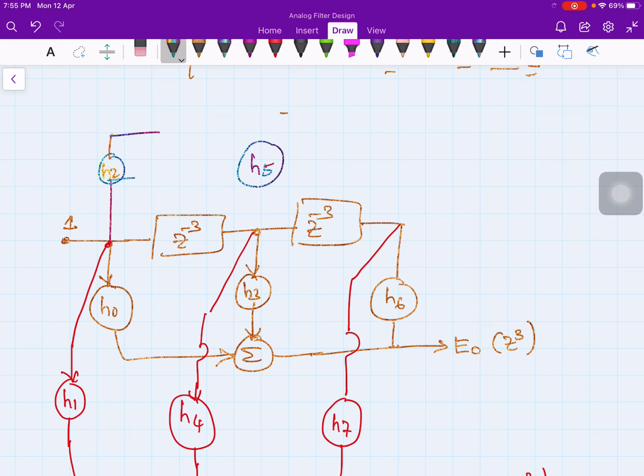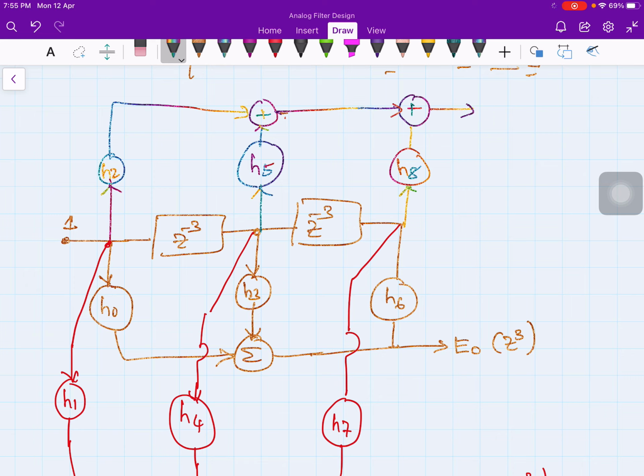The figure is becoming a little bit complicated, and you put an adder here, and then your h8 is again multiplied by z^-6, so you put an adder here, and this is E2(z^3).